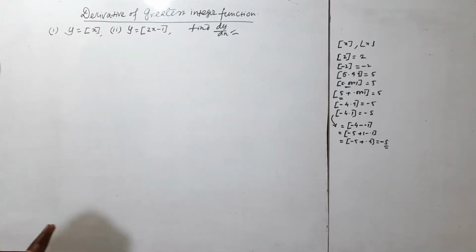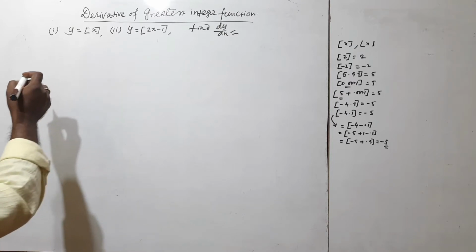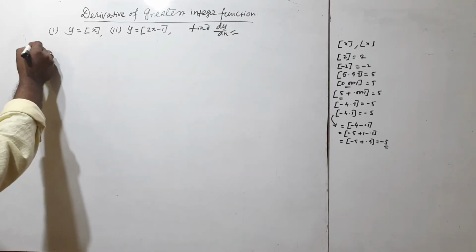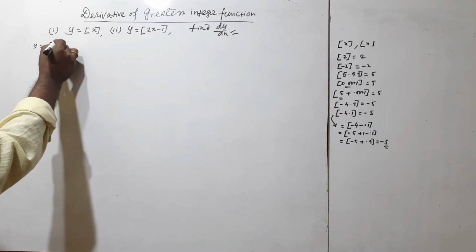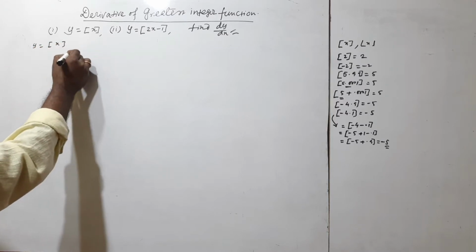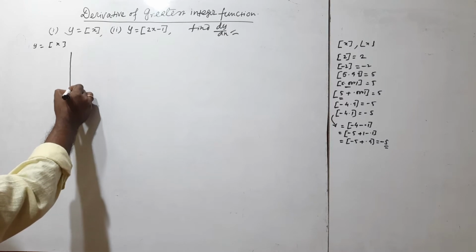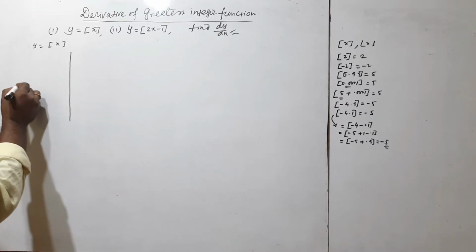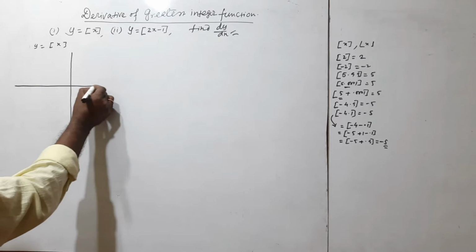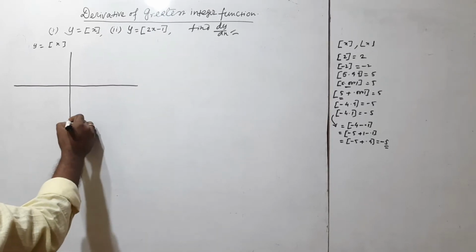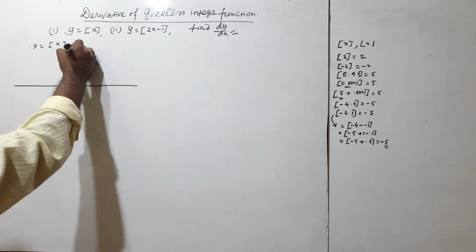After that, I want to draw the diagram for the greatest integer function. Draw the curve for y equal to box x. First draw the y-axis and the x-axis.